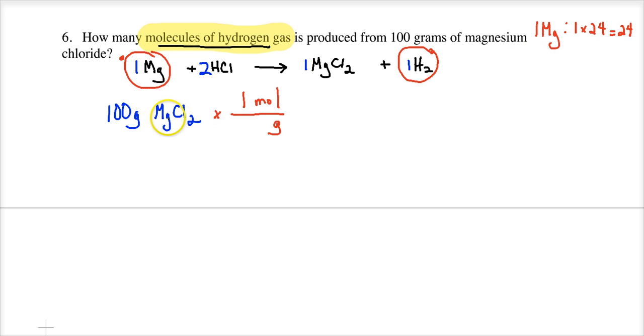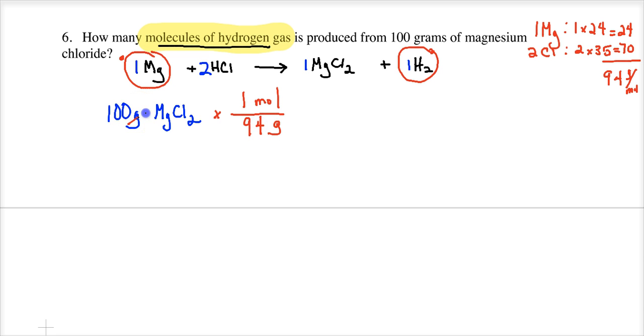And of course, in 1 mole of magnesium chloride, we have 2 moles of chlorine atoms. 2 times 35, we'll just say. Round that off, it's okay. And we get 70. Add these together, I get 94 grams for every mole. So 1 mole is equal to 94 grams.